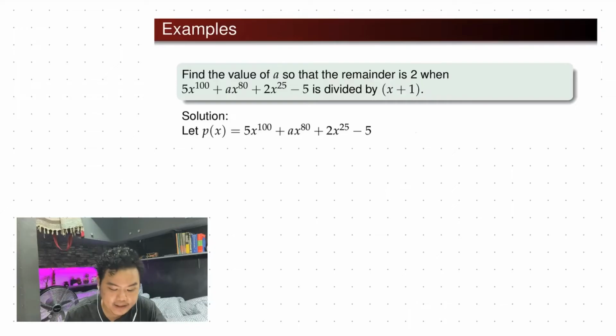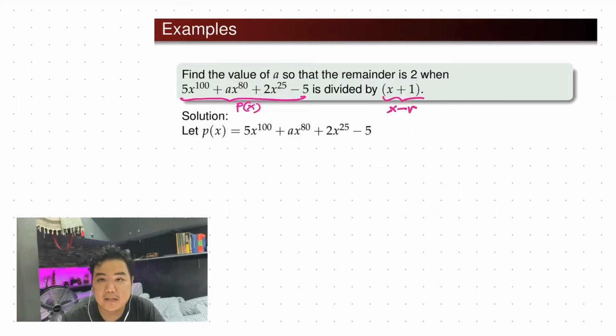And last example na for the remainder theorem. So, find the value of a so that the remainder is 2 when this polynomial is divided by x plus 1. So, dating gawi, we let this one to be our p of x. Naka-type na siya dyan para I don't have to write everything.